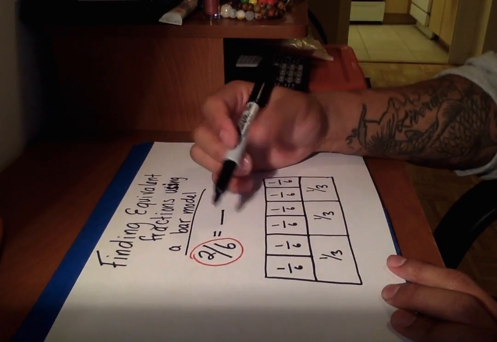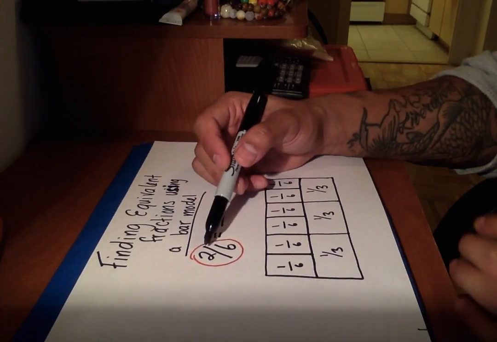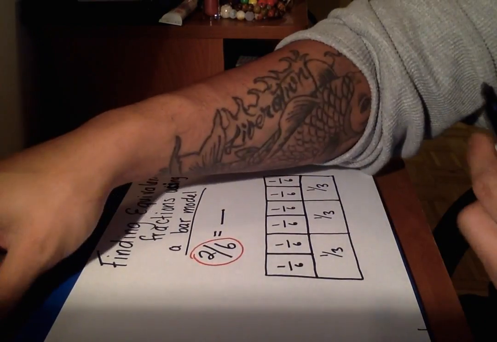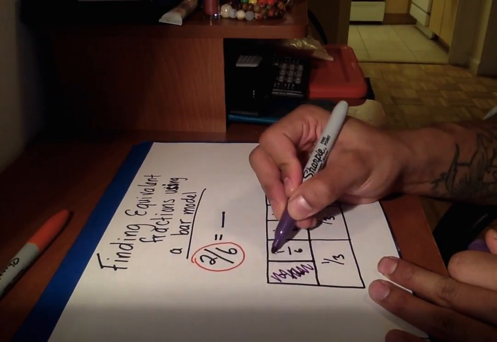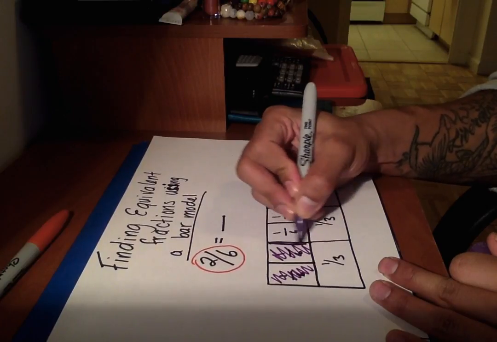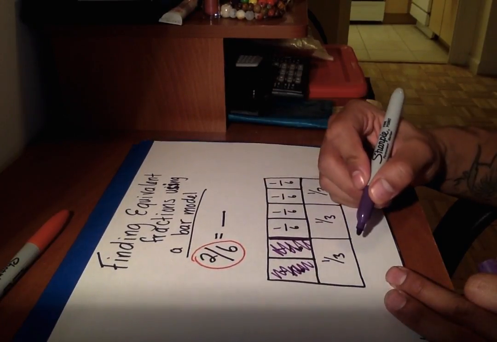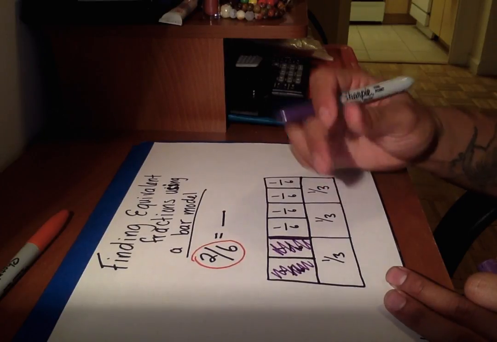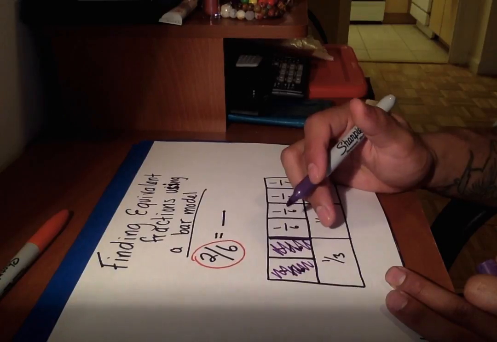So here, if I am being asked to find an equivalent fraction for 2/6, I'm going to shade in 2/6. So this is 1/6, 2/6. So as you can see, the shading stops here. So I'm going to look at my second model and ask myself, what is the same amount of shaded space?